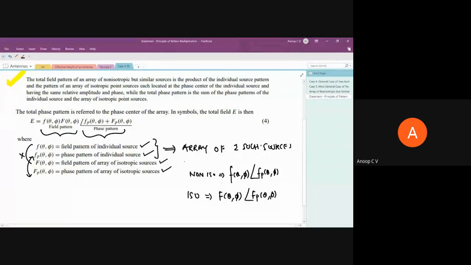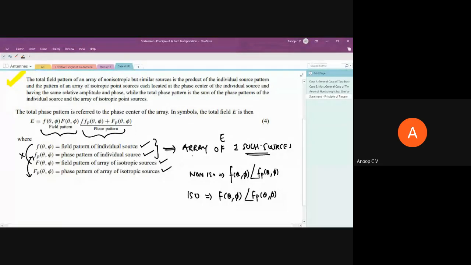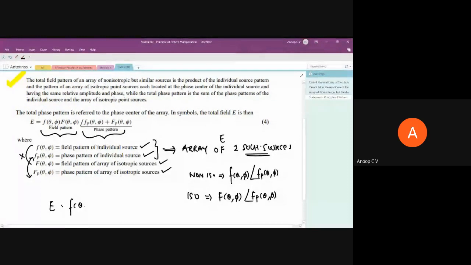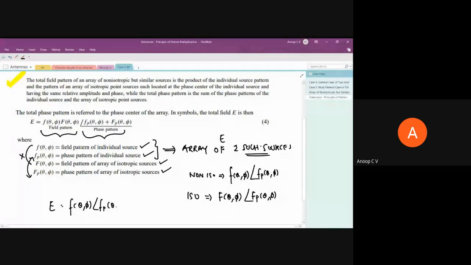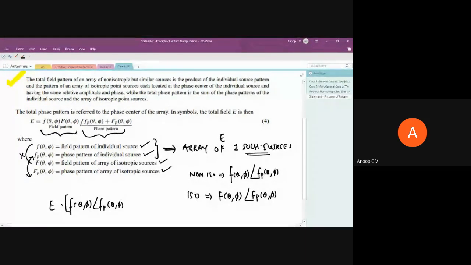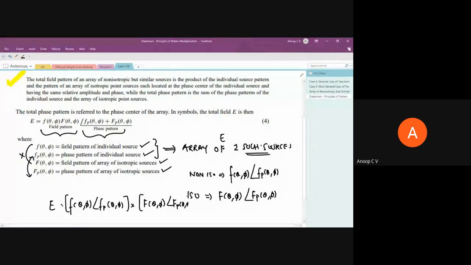Then the resultant field E due to an array of two such non-isotropic sources will be the product of these two. So I can also write it like this: E is equal to f of theta comma phi angle f subscript p of theta comma phi into capital F of theta comma phi into angle F subscript p of theta comma phi, right?